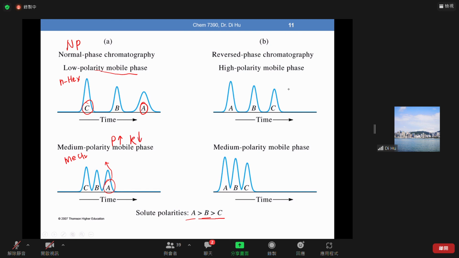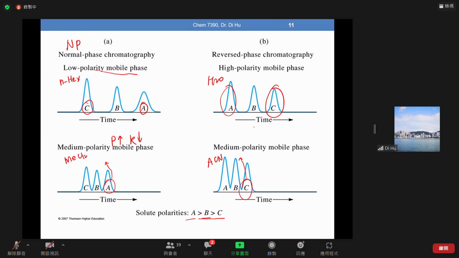For the reverse phase, we see the other way. Because the stationary phase is nonpolar, it keeps the nonpolar compound, which comes out last. The polar compound comes out first. When we change, for example, from water to ACN, the solvent becomes less polar. The less polar compound then has better solubility in the mobile phase and is easily eluted.